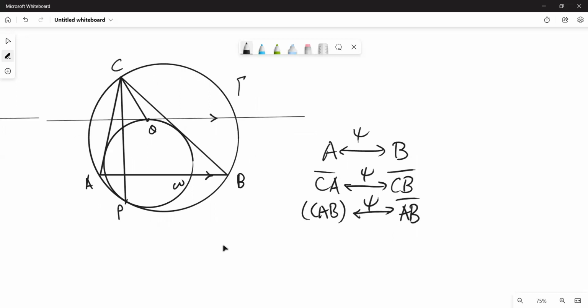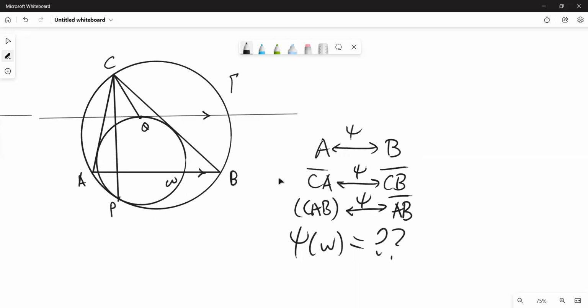Now what can we say about omega? First of all, omega is tangent to AC and BC. That means its image must also be tangent to BC and AC. Well, it's the same two lines, but I phrased it the other way around because I want you to know that it's the images of those lines.